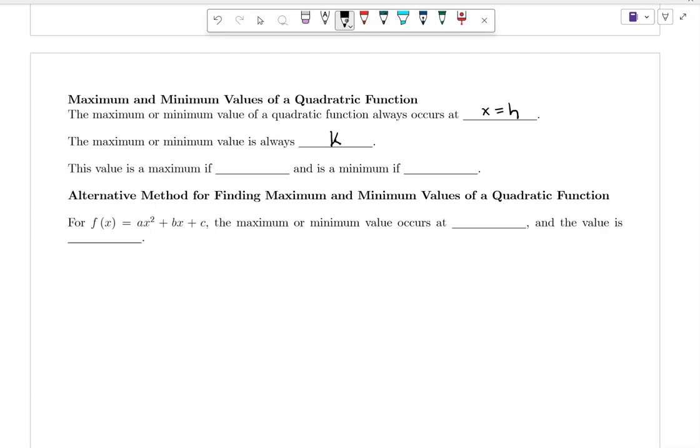Looking at our graphs, when a is less than 0, is it going to be a max or a min at our vertex? Max, yep. And when a is greater than 0, our vertex is down here, so then it's a minimum value. So write that: it's maximum if a is less than 0, minimum if a is greater than 0.